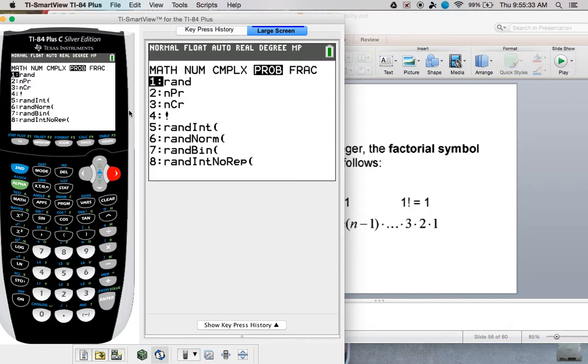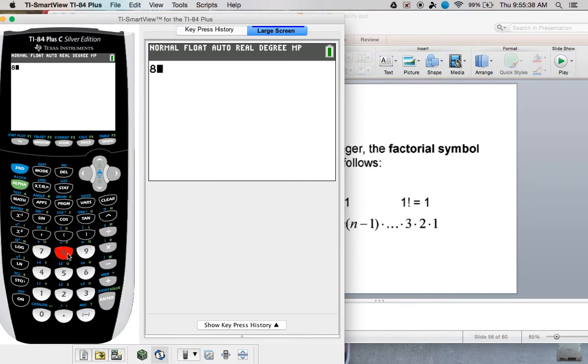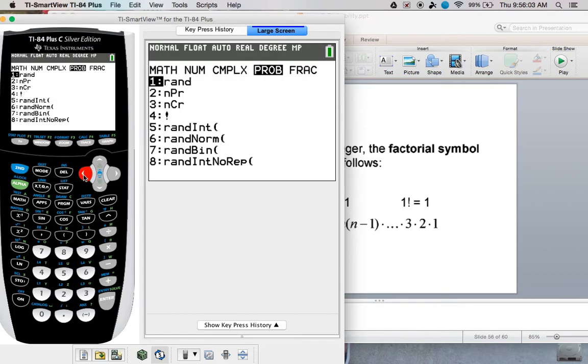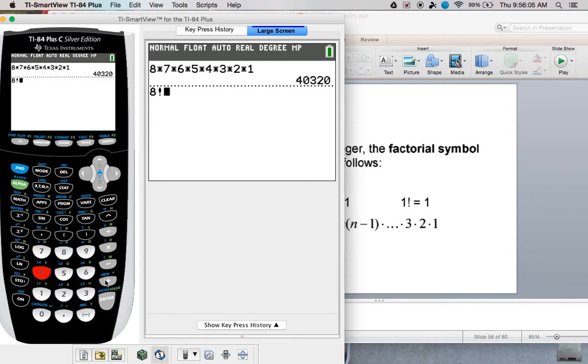So if I go back to my home screen and I want to know 8 factorial, I could do 8 times 7 times 6 times 5 times 4 times 3 times 2 times 1. But that seemed like a lot of work when I can just do 8, math, the number 4, the factorial key, and we get the same number. So very important with factorial.